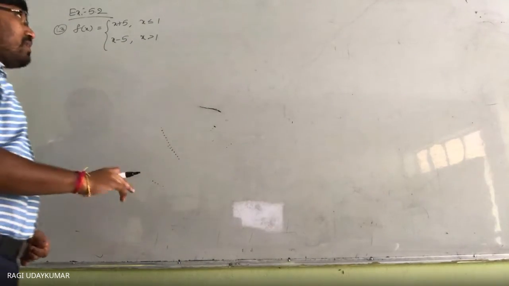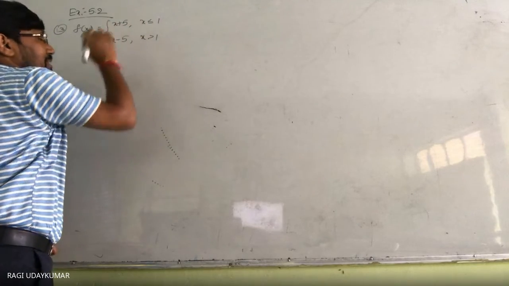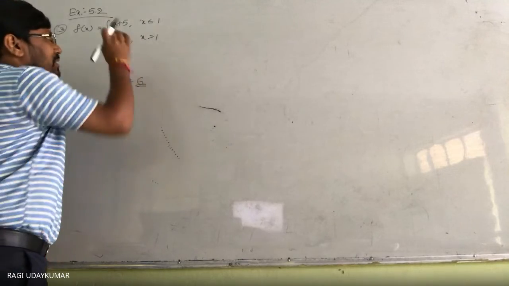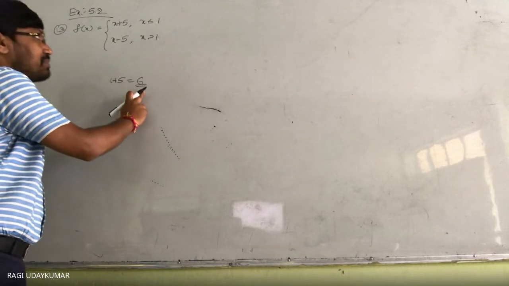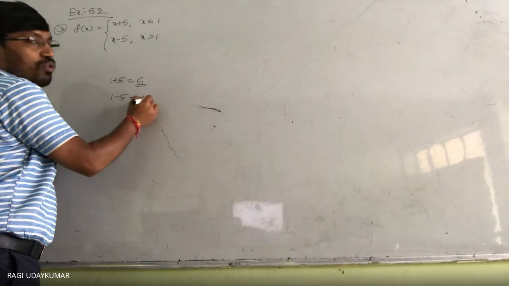But x equals 1 का प्लेस में लेफ्ट हैंड लिमिट लेना है. लेफ्ट हैंड लिमिट में ये फंक्शन लेके 1 सब्स्टिट्यूट करो, आपको 1 + 5 आएगा, 6 हो गया. And greater than 1 को मींस राइट हैंड लिमिट, लेफ्ट हैंड लिमिट 6 आएगा, राइट हैंड लिमिट को 1 - 5, -4 आएगा.